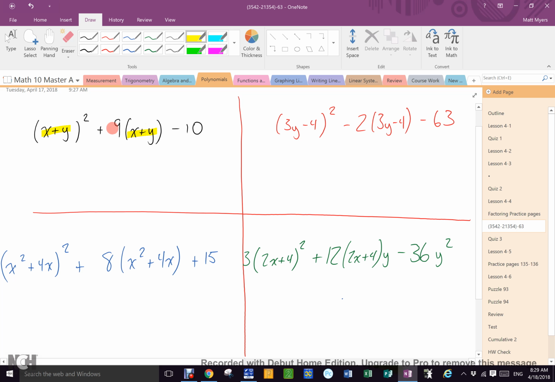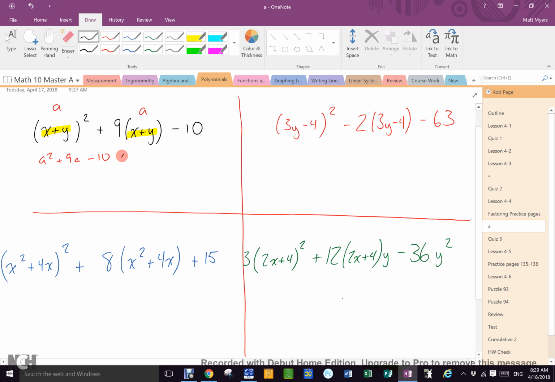So could I make it simpler by going A and A, which would give me A squared plus 9A minus 10, wouldn't it? Everyone agree? Now, does that look like something we know how to factor? Sure it does. We've done that a ton, haven't we?